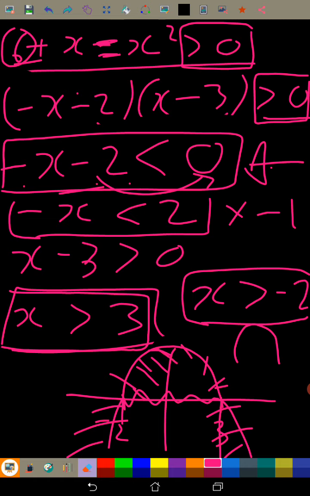But here what is happening? This is minus, you see. Once again, there's something tricky, because when x is less than 3, then it's above 0. So it's going to be like that.